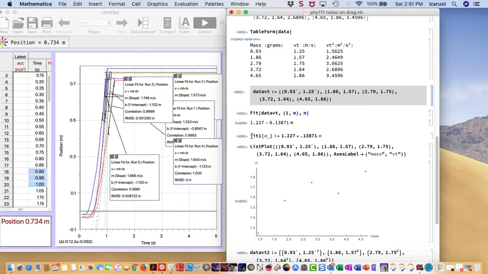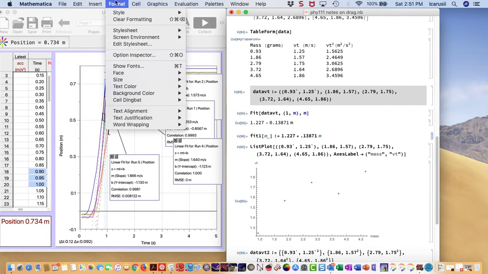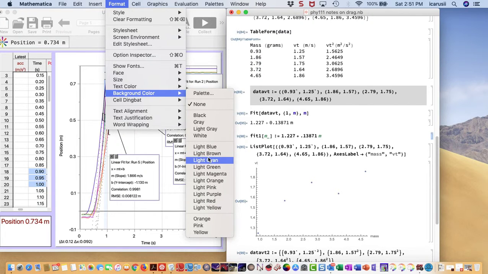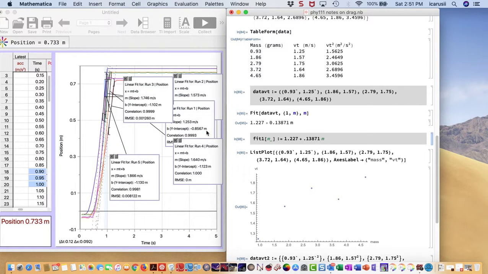And we're going to test the correlation in just a few minutes, because that's what's going to tell us whether we're dealing with resistance proportional to the velocity, or resistance proportional to velocity squared.